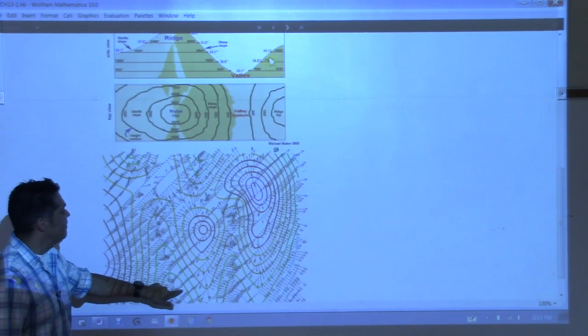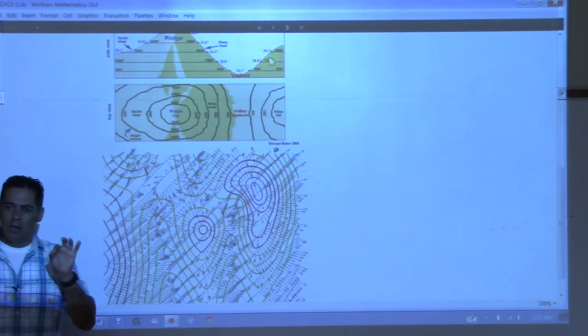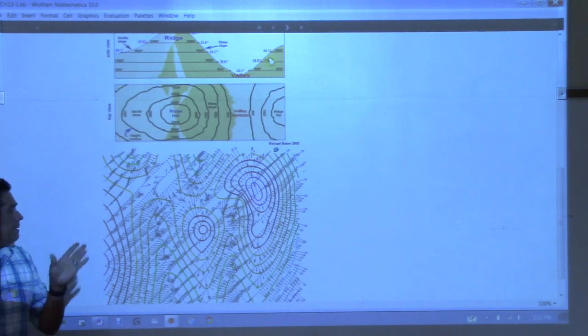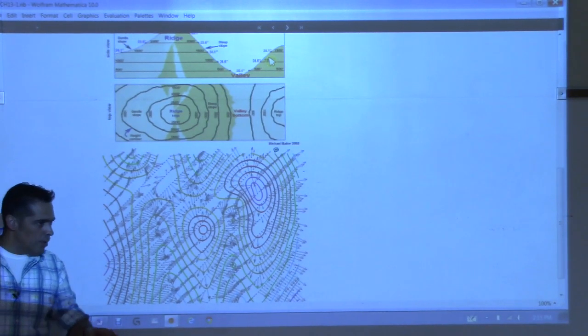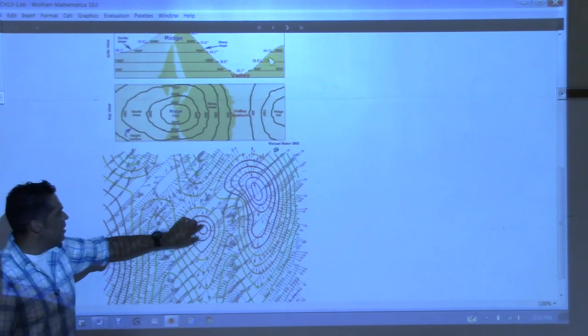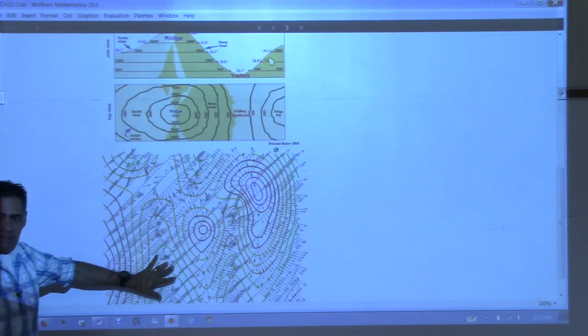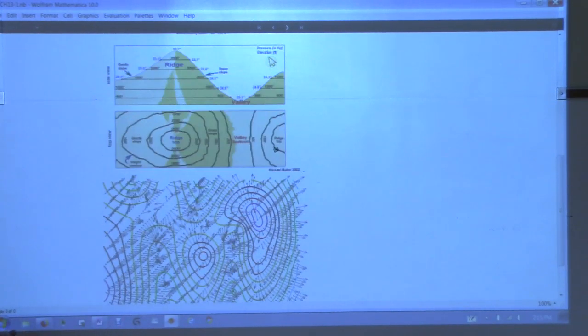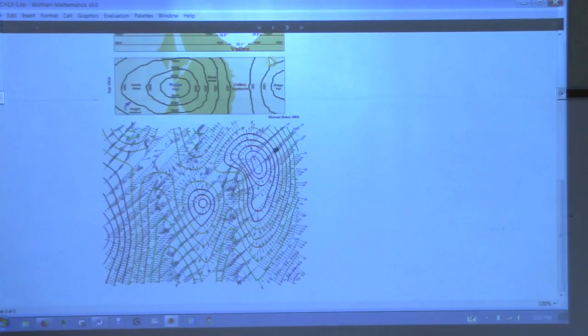You all have seen these before? At every point, you can imagine a vector representing where a ball would roll if you put it there and let it go. You could define a vector field that gives you all those little arrows all over the place. That's two quick examples, magnetic field and contour map.